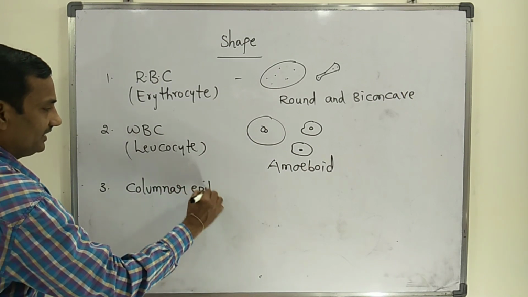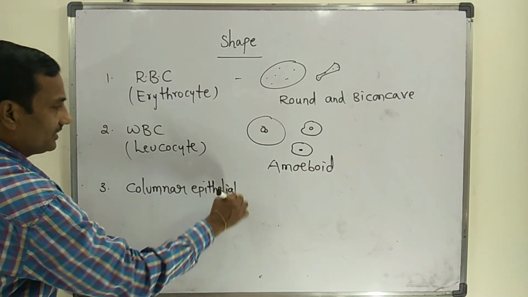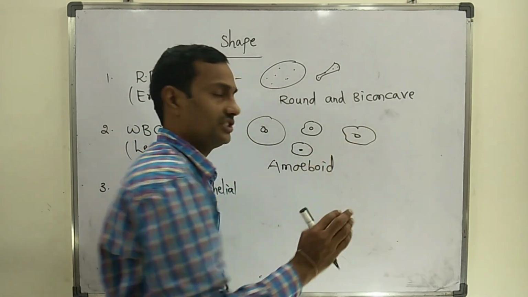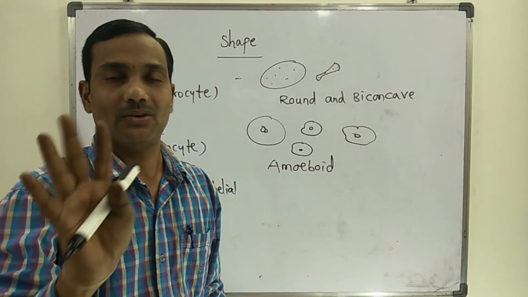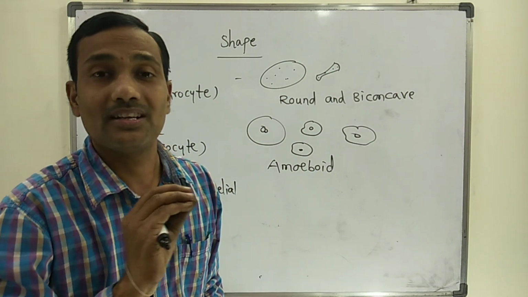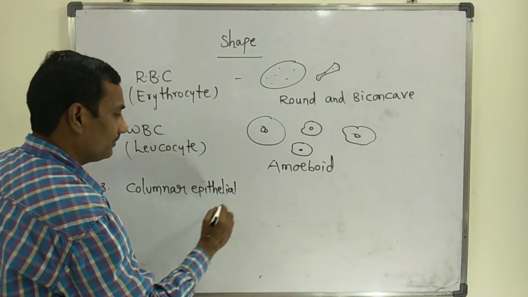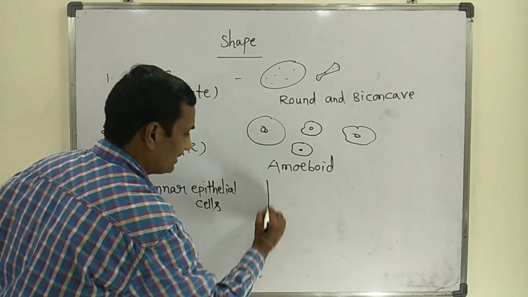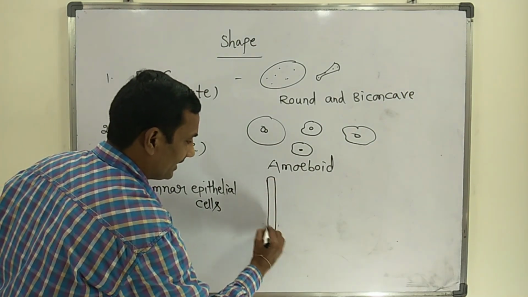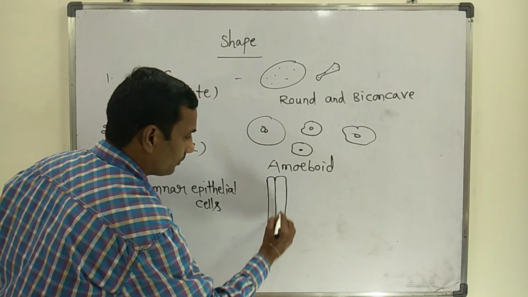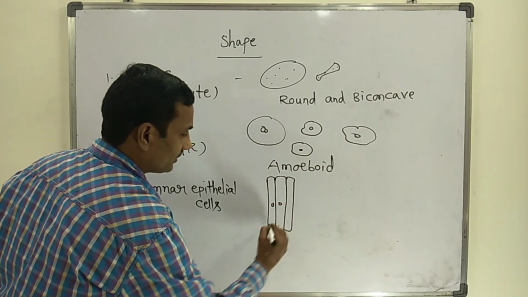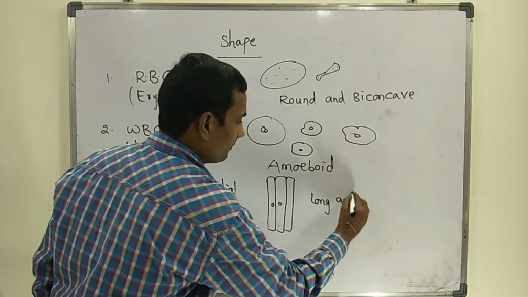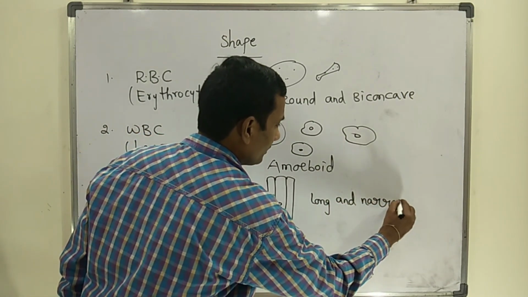Based on this, what we can understand is that the shapes of cells are not the same. Columnar epithelial cells are elongated, long and narrow cells.